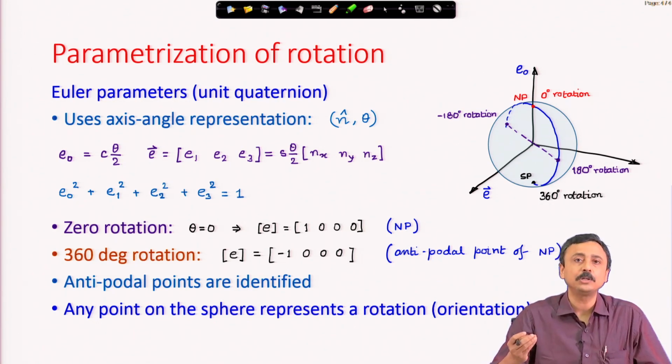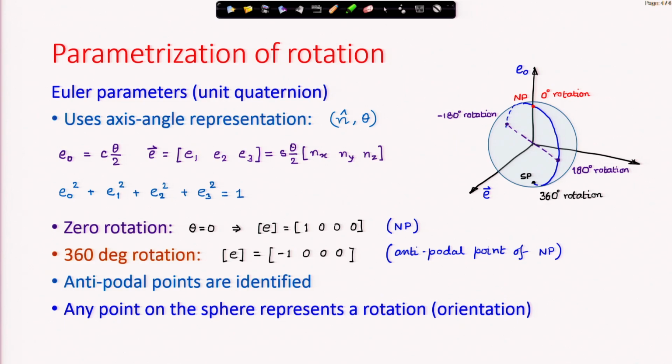If you want to locate a particle, let us say at 1 2 3, then you move 1 unit in the x axis direction, 2 units in the y axis direction, 3 units in the z axis direction, and you locate the particle.